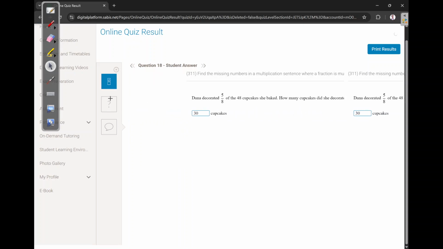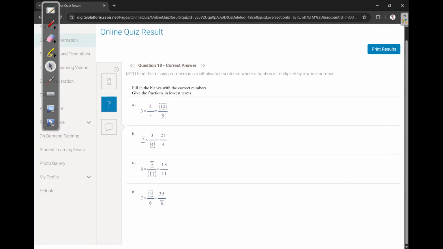Question 18. 3 times 4 over 5. In this question they want it in the lowest terms. They give the fraction in lowest terms, so if we can simplify it, we do it.